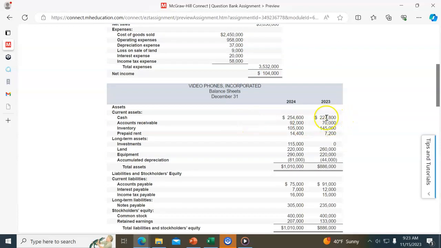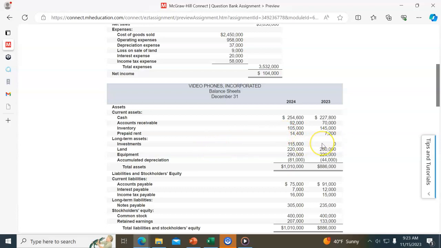Then the cash we ignore. Our accounts receivable increased. What do we do in an accounts receivable? A current asset increases. Subtract. Our inventory decreased. What do we do? Add. Our prepaid rent increased. What do we do?